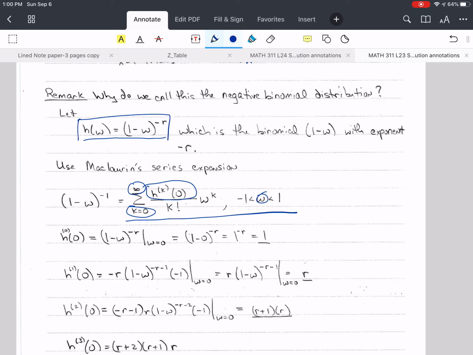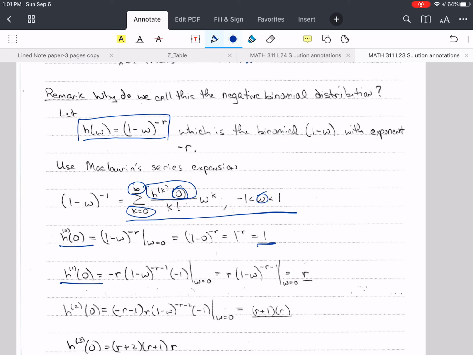And so we're going to evaluate these derivatives at, in this case, w equals 0. So we take the derivative, then we plug in 0. Don't do it the other way, or you might end up with 0 as your answer, and that won't be right. So when we do this, we end up with 1 for the first one, for the 0 derivative.